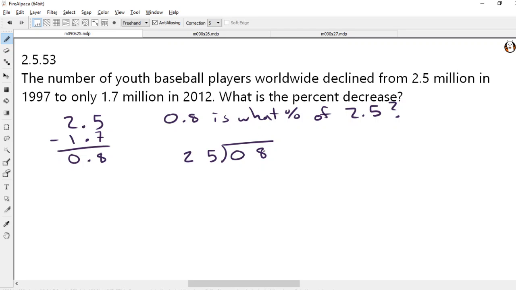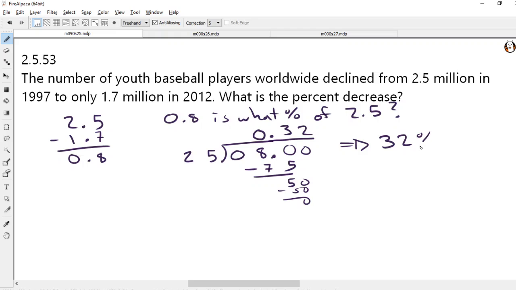I'm going to divide 25 into 8. 25 doesn't go into 8, but it goes into 80 3 times. 25 goes into 50 twice. 0.32 means 32%. Why did I convert that into a percent? Because I divided directly 0.8 divided by 2.5. I didn't do an is over of formulation.